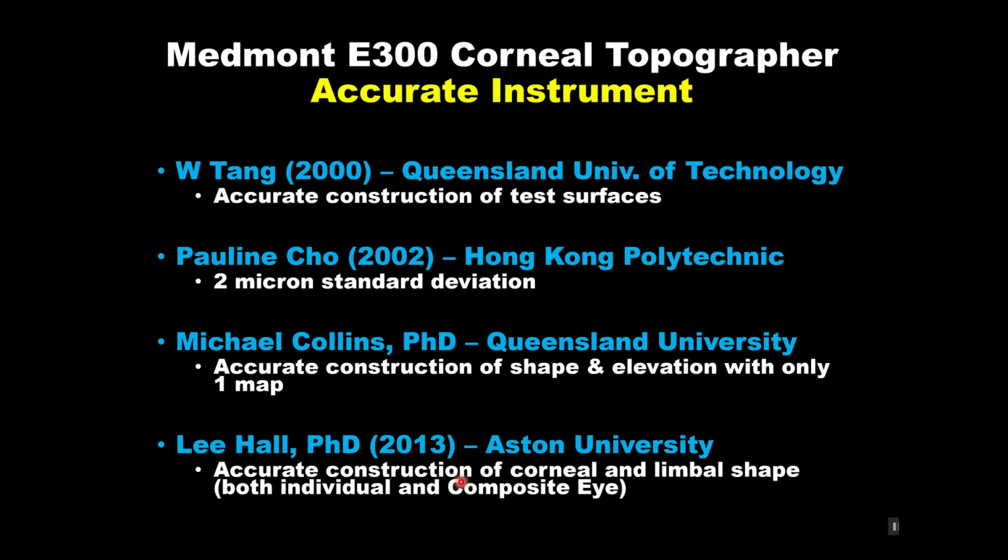Now, this isn't the only study. There's been numerous studies that looked at the accuracy of various corneal topographers and the Medmont, and suffice it to say that the Medmont is recognized globally as one of the most accurate instruments for understanding corneal and limbal shape.